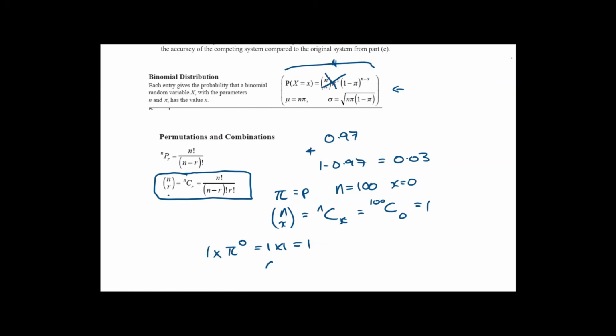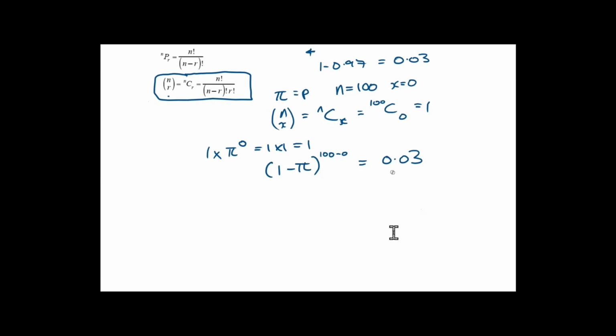All right, now 1 minus the probability that we're looking for to the power of 100 minus 0 must equal 0.03. So now we have one equation and one unknown. Right, that means that 1 minus pi must be equal to 0.03 to the power of 0.01.